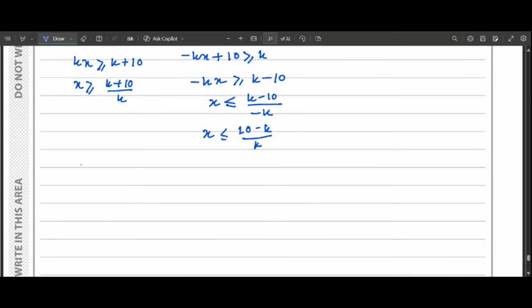So this is our solution, that x is either less than 10 minus k by k, or x is greater than or equal to 10 plus k by k. So this is our solution to the inequality.